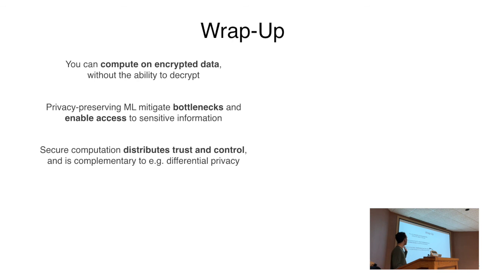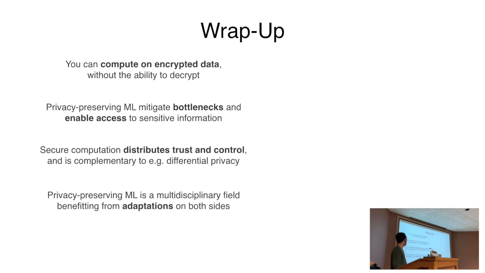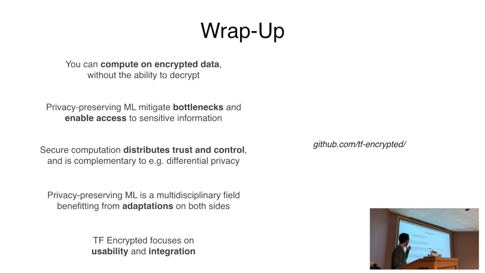Secure computation distributes trust and control, which is cool because it allows for different ways of thinking about the usual way of doing machine learning. And it's complementary to other approaches that are also necessary in order to get this whole picture running. And then privacy-preserving machine learning is a multidisciplinary field, requires adaptations for everyone, and it also requires a common library that's usable and integrates them all together. We're hoping TF Encrypted will be that. That's the GitHub.